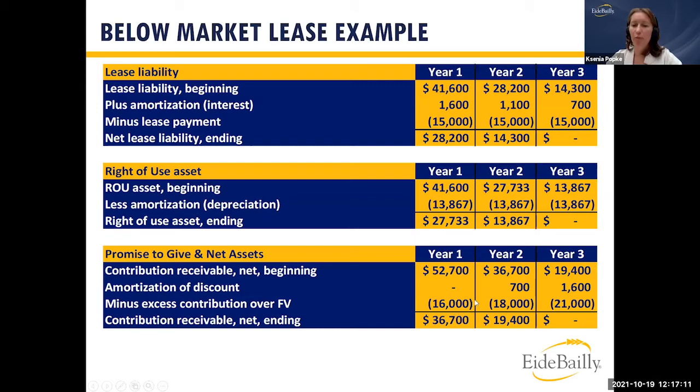This is your portion to be amortized every single year for the contribution element. And so your contribution receivable, again, will over 3 years amortize to zero. But you could see that in any given year, all of these numbers would be different.